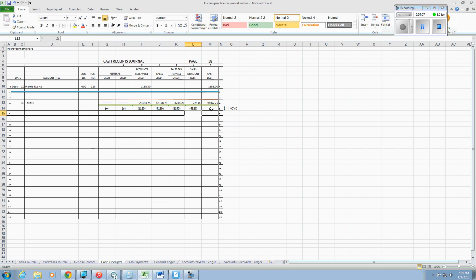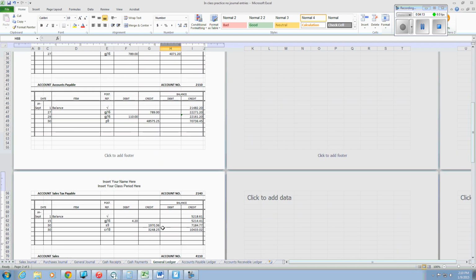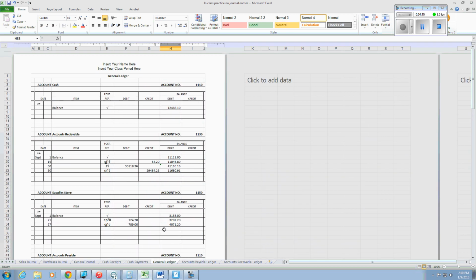And then finally, we're going to do the cash. So let's take that cash account. The date is the 30th, CR18. We debited cash there for $80,667.75.